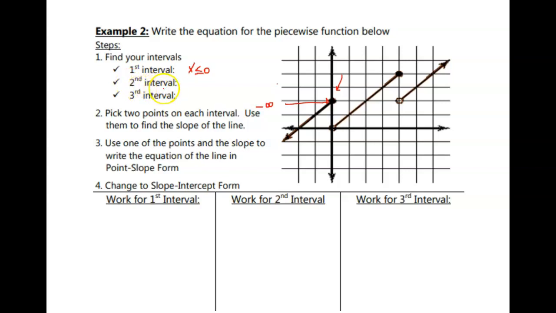My second interval, I notice it is an interval that starts at 0, right? And it keeps going on the x-axis until we stop right here, at 4. So we're looking again at the x-axis to write this interval.